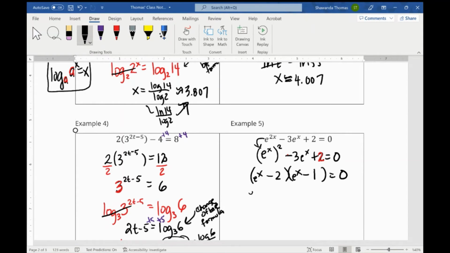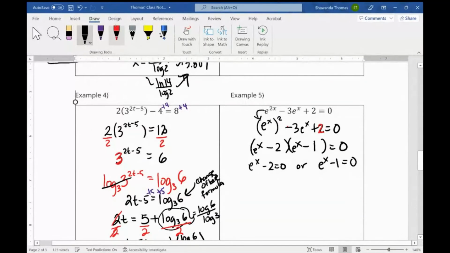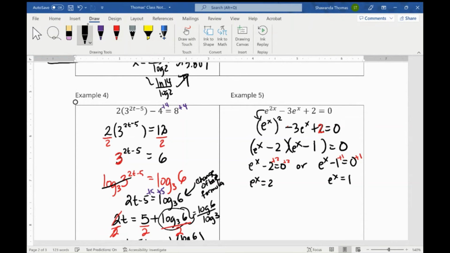Now we set each of these factors to 0 and solve for x. All right, let's look at the first one. We can just add 2 for this. We can add 1 for this one. So now we have e to the x equals 2 here, and e to the x equals 1 here.